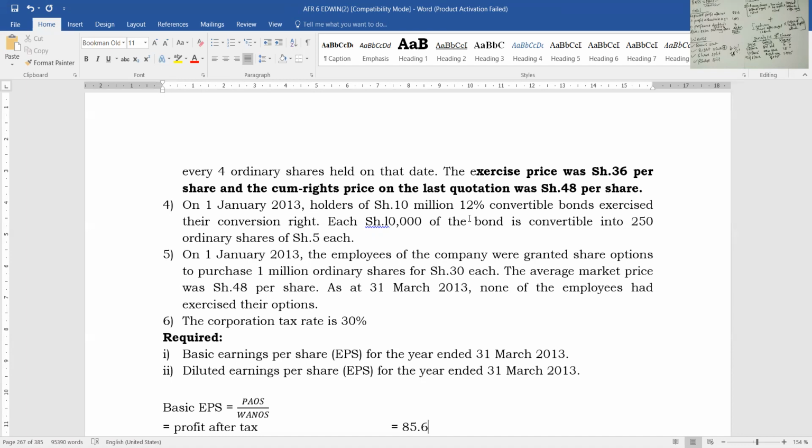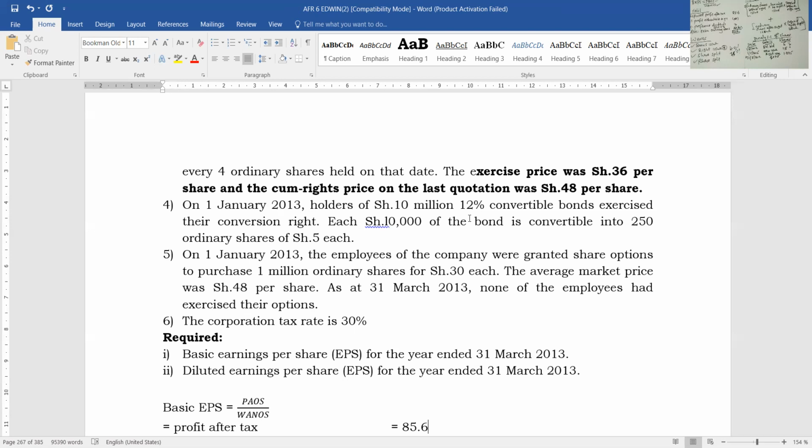When I go to diluted earnings per share, I will tell you that under diluted, we always use securities which are likely or unlikely to be converted to ordinary shares. Examples are convertible bonds or debentures, convertible preference shares, share options, and warrants.